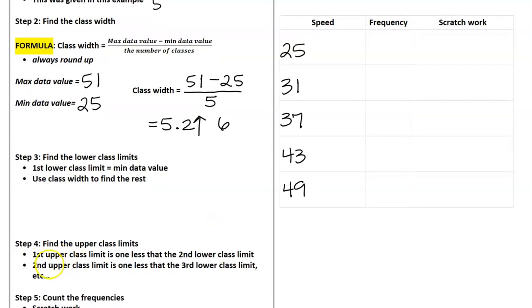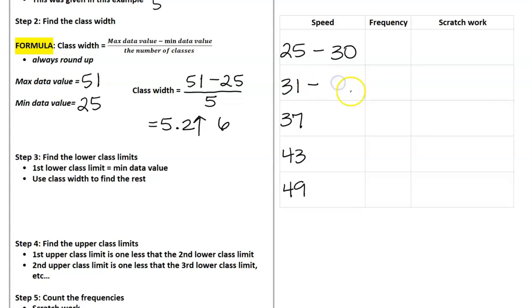Now we're ready to move on to step 4, which is to find the upper class limits. Step 4 tells us that the first upper class limit is 1 less than the second lower class limit. So the first upper class limit is 1 less than 31, because that is the lower class limit of the second class. So our first upper class limit is 30. The second upper class limit is 1 less than the third lower class limit.